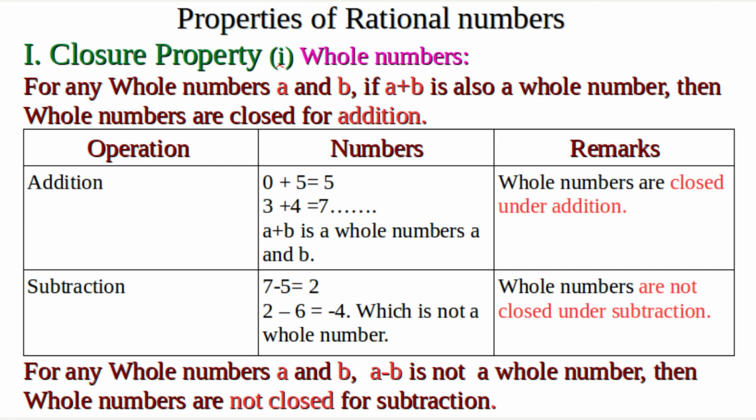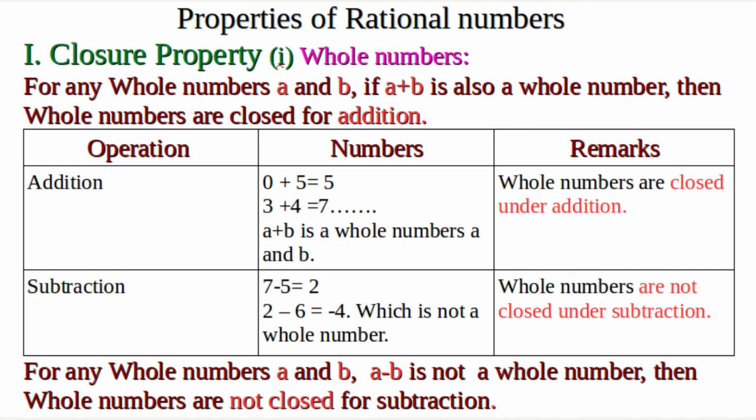Whenever we are considering two whole numbers, we are going to check the arithmetic operations. If a and b are two whole numbers, a plus b, the answer is also a whole number, that we are going to check. The first operation is addition. We know 4 operations are there: addition, subtraction, multiplication and division. At first we are going to consider addition.